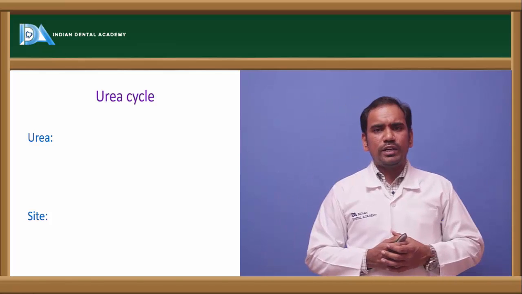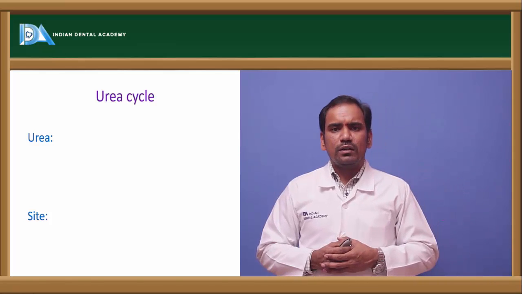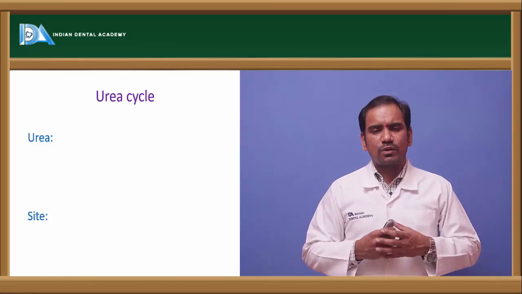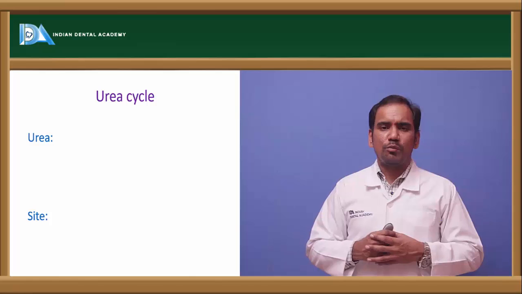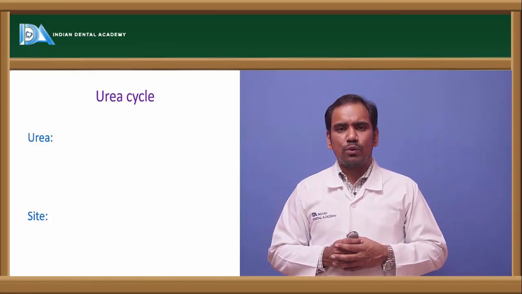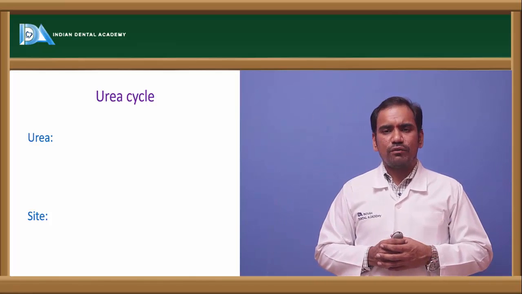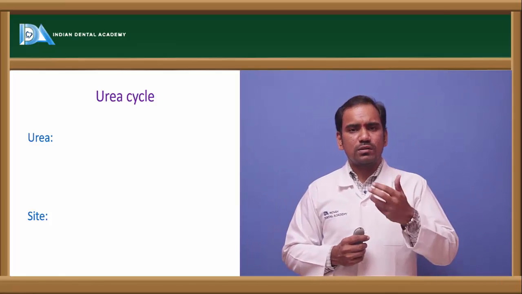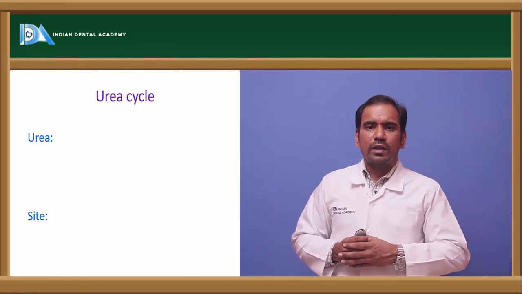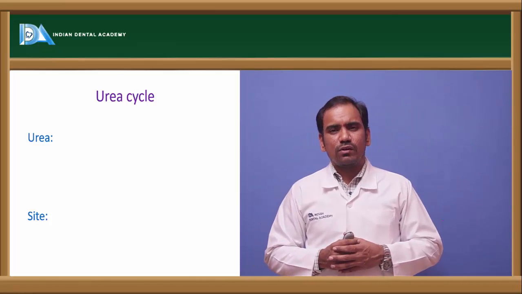And coming to detoxification of ammonia. The ammonia which is released in the hepatocytes now is, as I told you, a toxic compound. We have to convert that toxic compound into a non-toxic compound. For this conversion of the neurotoxic ammonia into a less toxic and more water-soluble compound, we require the help of the cycle called the urea cycle.